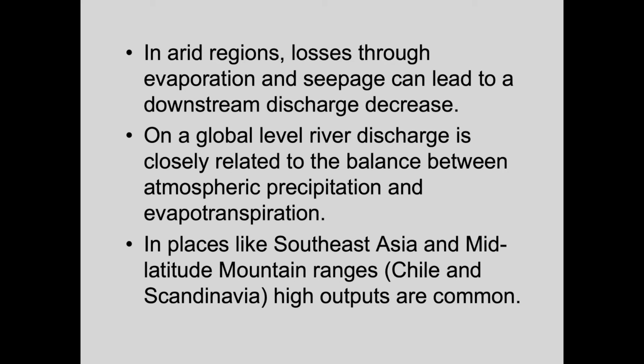Okay, so let's look at some big picture ideas here with regard to the global process of fluvial action. First and foremost, it's always good to compare and contrast these forces in more extreme expressions. In arid regions, water losses through evapotranspiration and seepage can lead to downstream discharge decreases.